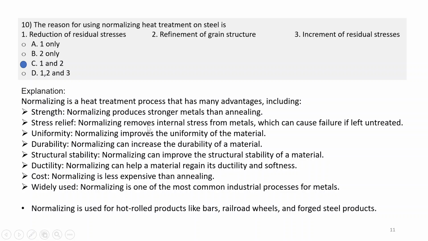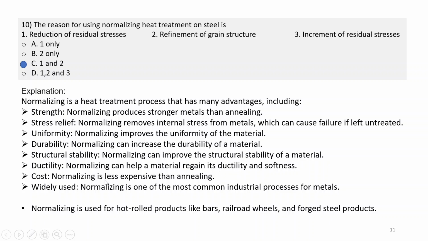Normalizing also removes internal stress from metals which can cause failure if left untreated. Normalizing improves the uniformity of the material. Normalizing can also increase the durability of a material. Structural stability: normalizing can improve the structural stability of a material, and normalizing can also help a material regain its ductility and softness.